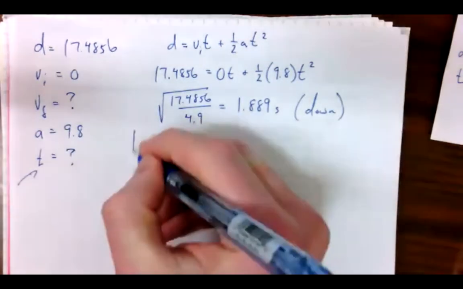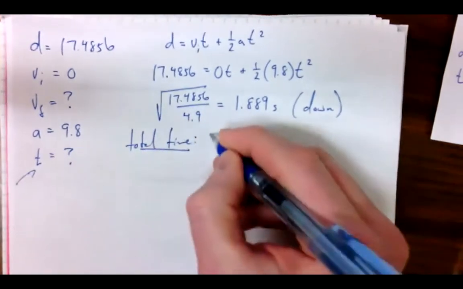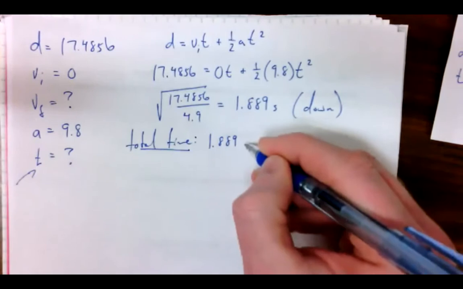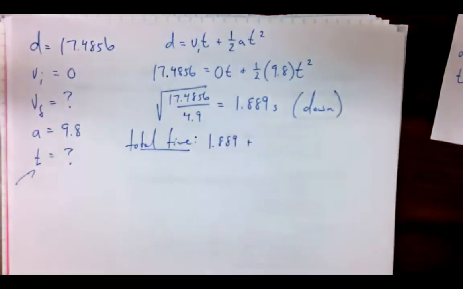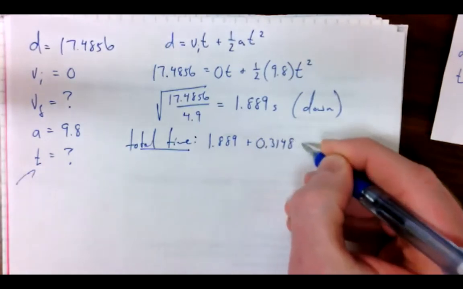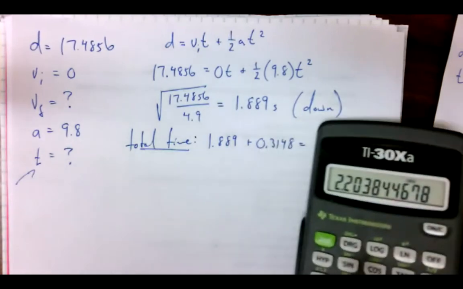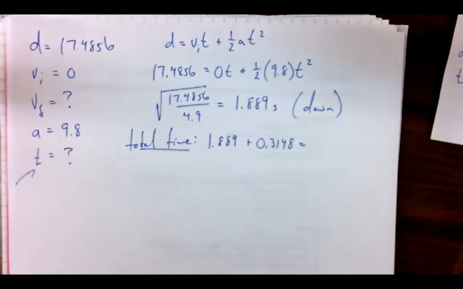So the total time is 1.889 down plus, what was it to go up? 0.3148. 2.2038.